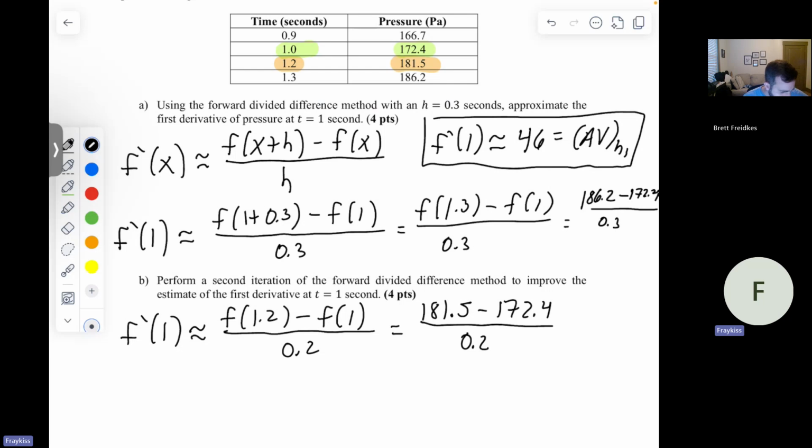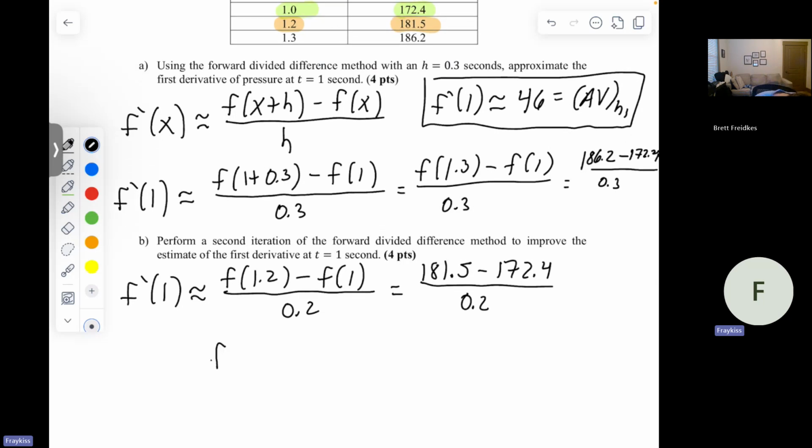I'm going to double check this and make sure this is okay. We'll do that in our calculator. And we get 45.5. So now we're saying that our derivative approximation with the new h is approximately 45.5.